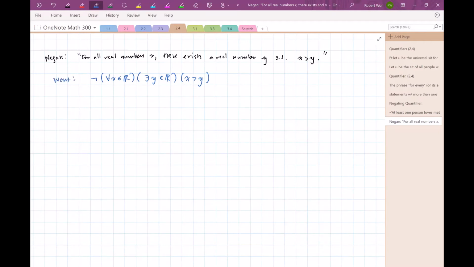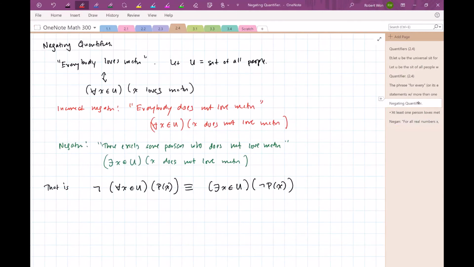Well, I can view this as a universally quantified statement. For all x in R, the thing in the red parentheses holds. And we know how to negate a universally quantified statement. What you do is you flip it to an existential, and then you negate the part that comes after it.